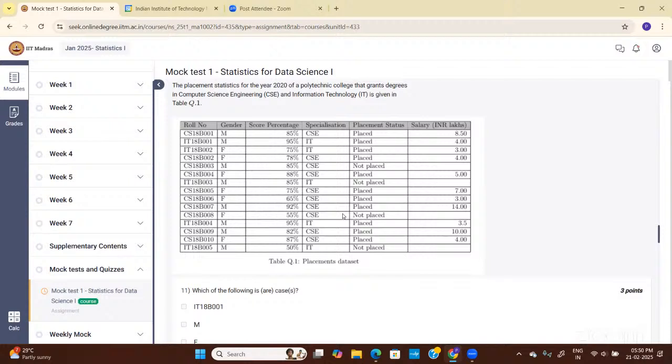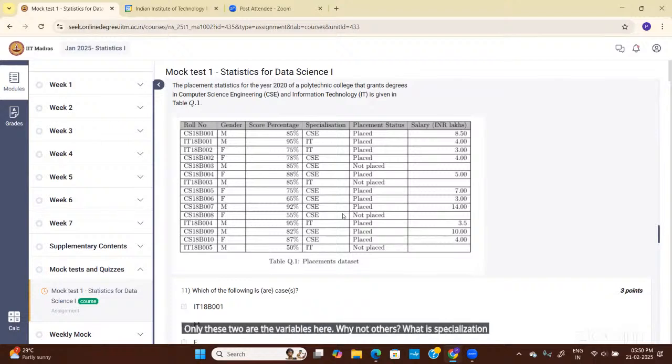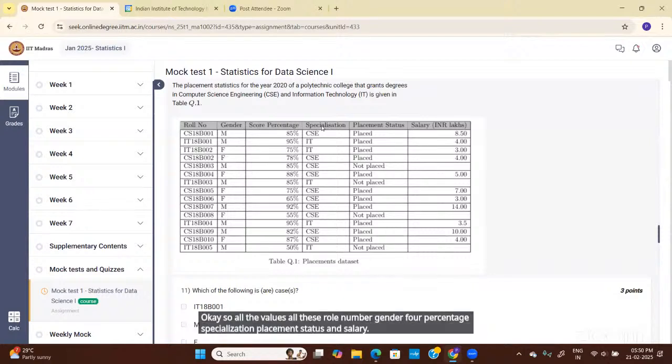Score percentage and salary are the only two variables here? Why not the others? Specialization and placement status are also variables. So all of these, roll number, gender, score percentage, specialization, placement status, and salary, are variables.